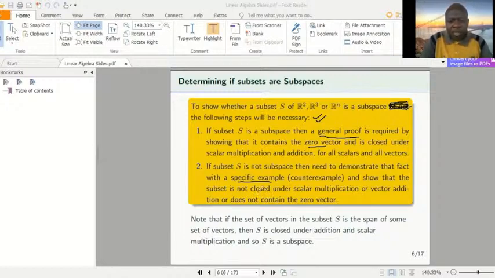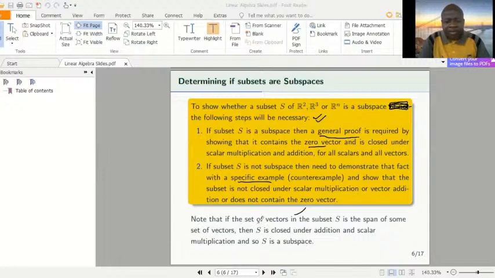So if you suspect it's not a subspace, then you need to choose some specific examples and show that either it does not contain the zero vector, or it does not fulfill the scalar multiplication of vectors, or it does not fulfill the closure property under addition. That is clear because we've done that before in our previous chapter.